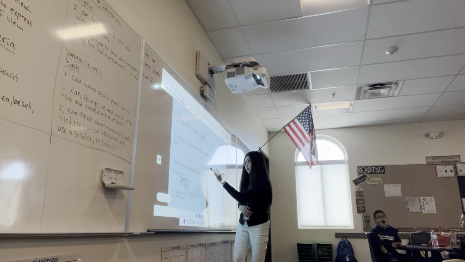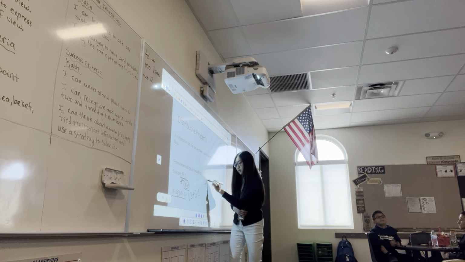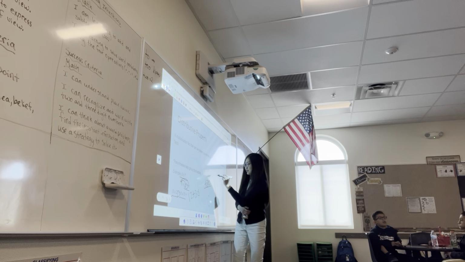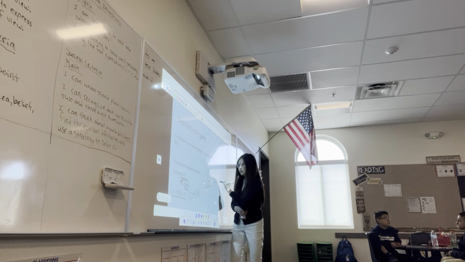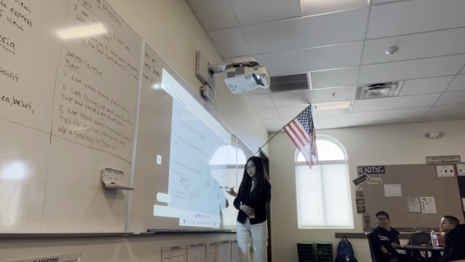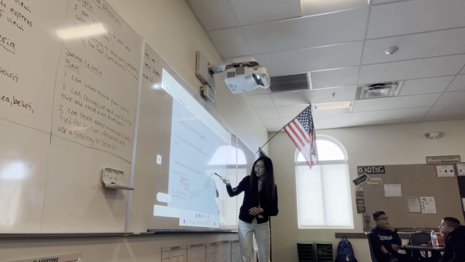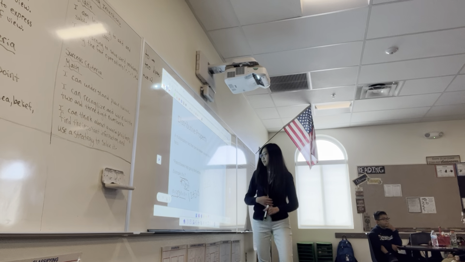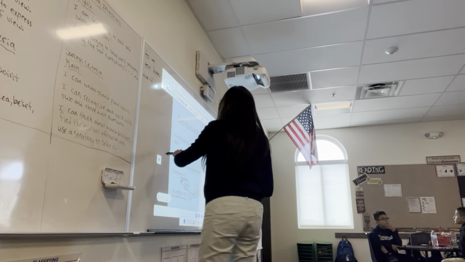So if I want to solve 12 plus 30, I gotta write that correctly. 12 plus 30. So you add the ones place. 2 plus 0 is 2. And then I add the tens place. 42. Right, 42.